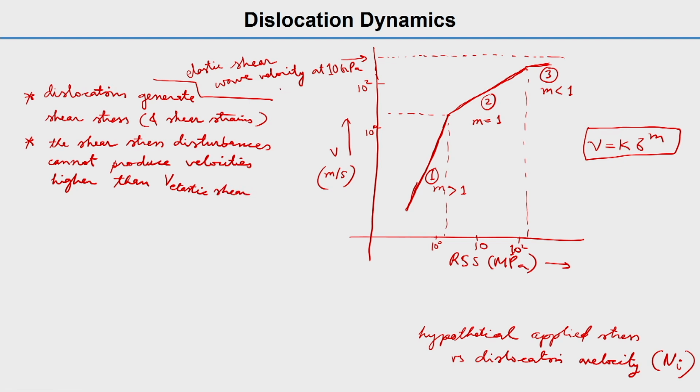Here, what we talked about, V elastic shear, is the elastic shear wave velocity. I would write it like this.